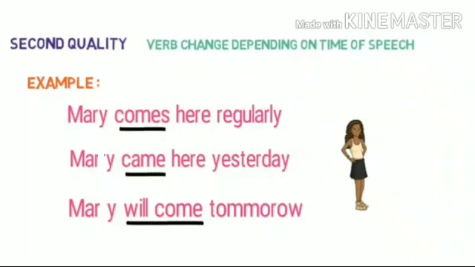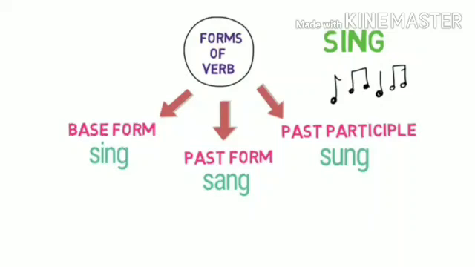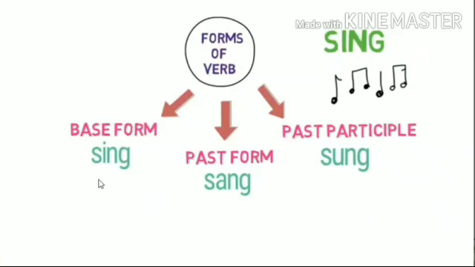Alright, verbs are mainly divided into three forms: base form, past form and past participle form. Let's take an example of verb sing. The base form of sing is sing itself. The past form of sing is sang, S-A-N-G, and the past participle form of sing is sung, S-U-N-G.